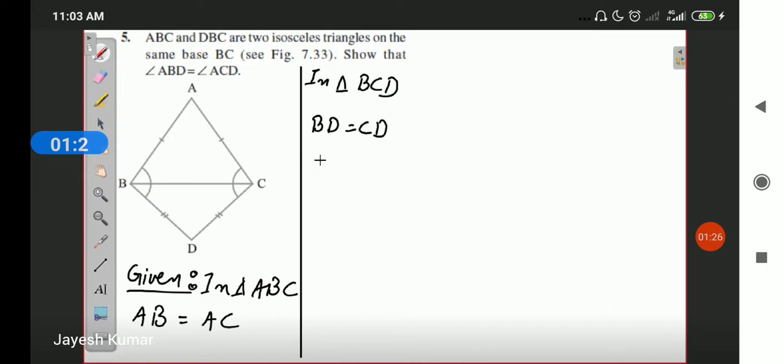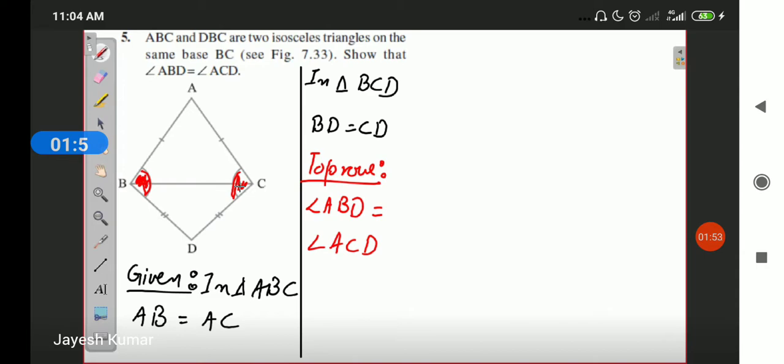Next, you have to prove that angle ABD is equal to angle ACD. Angle ABD is this complete angle, and angle ACD is this complete angle.